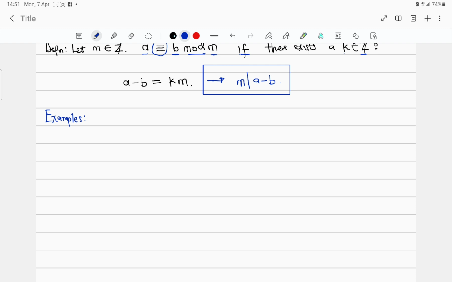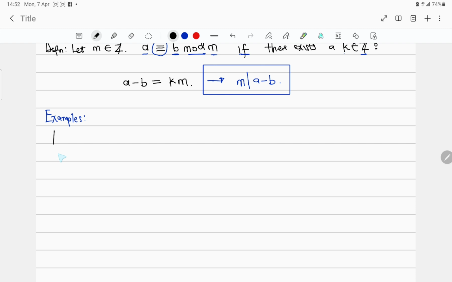So let's consider some examples. This concept of congruence is directly linked to the concept of remainders.